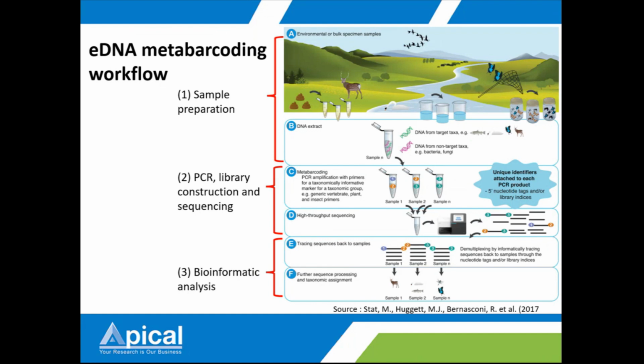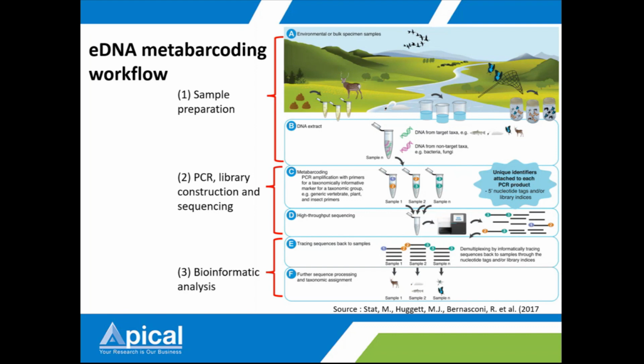Or if you're collecting from soil, you need to collect the soil and also sieve, remove all the unwanted material, right? So we collect the samples, and then once returned to the lab, you need to do the DNA extraction.